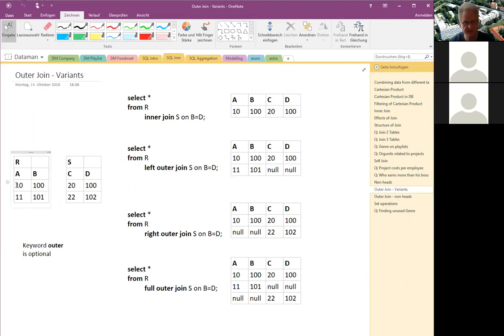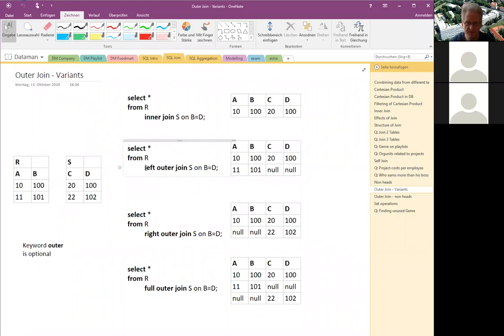If I take 10, 100 and connect it with 22, 102, no, doesn't fit. If I take 11, 101 and combine it with 20, 100, doesn't fit either. If I take 11, 101 and 22, 102, also doesn't fit. So this would be the result of the inner join. The only things that are connected are the first two records here. The other ones are not connected and therefore are not in the result.